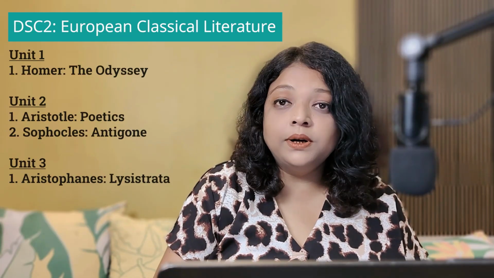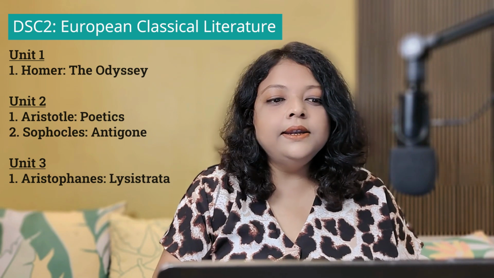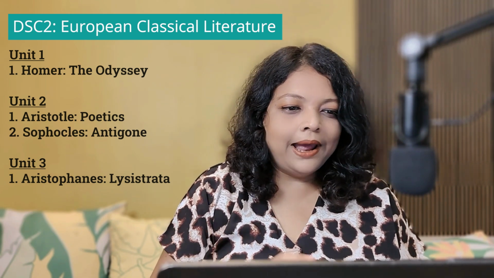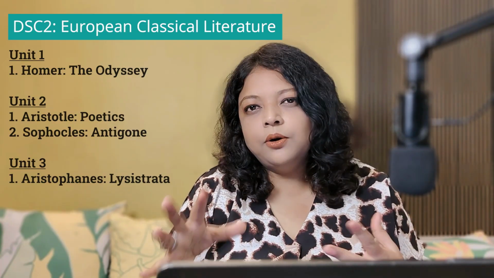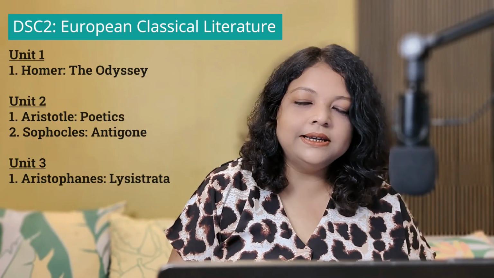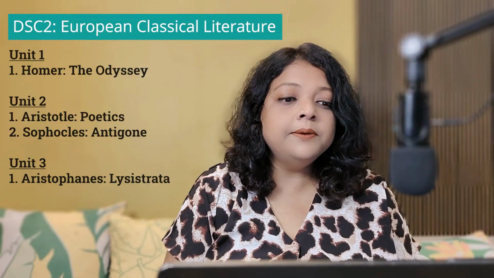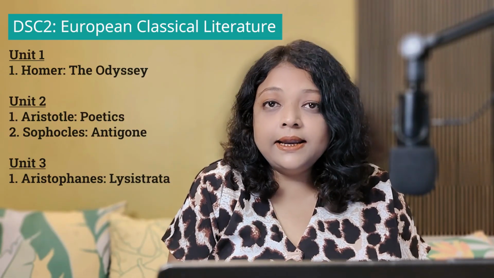Coming to DSC 2, which is European Classical Literature, although this is not British literature, you have in Unit 1 Homer's The Odyssey. Yes, that Odyssey, that famous one. And then in Unit 2, you have some little theory from Aristotle's Poetics, mostly about what drama is, what tragedy is, and the different components of tragedy. And then Sophocles' Antigone.